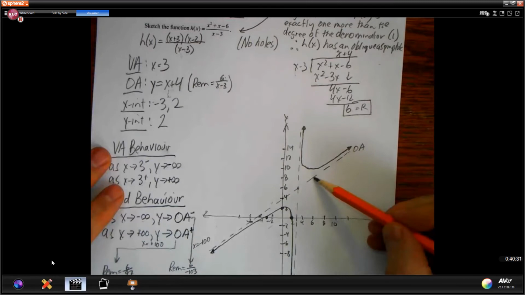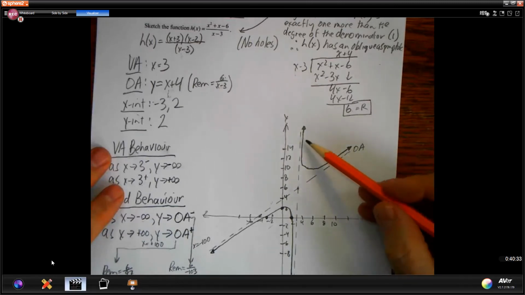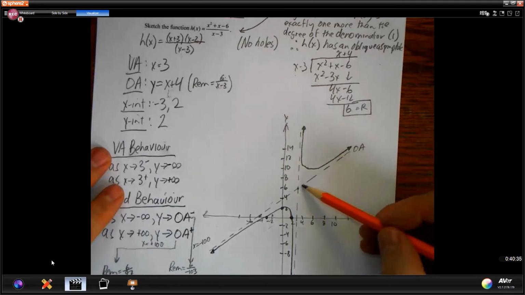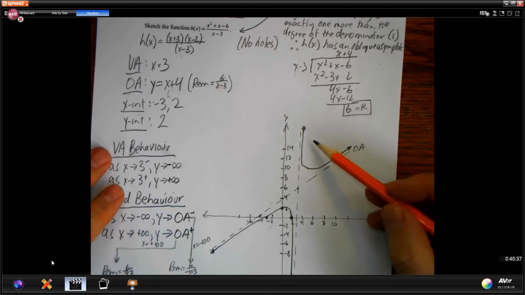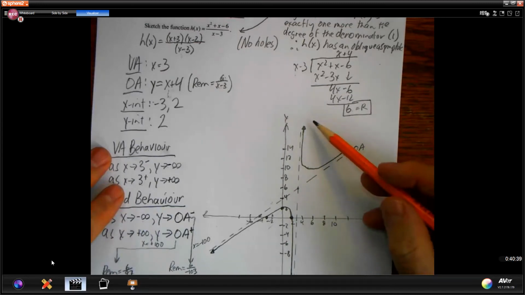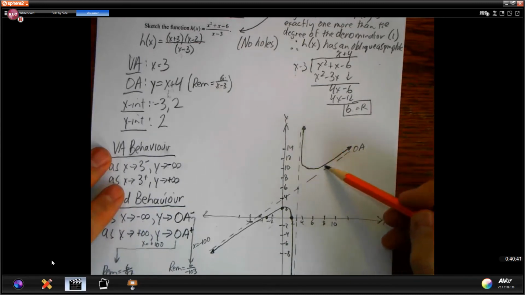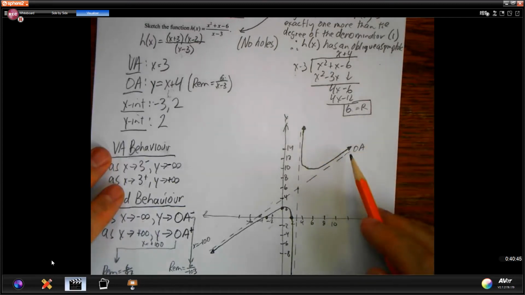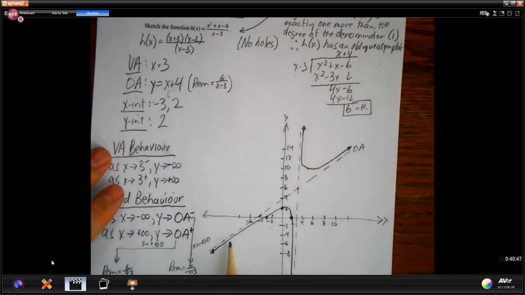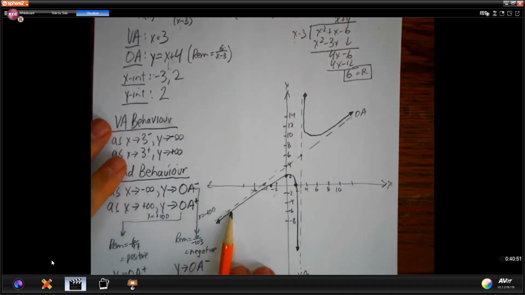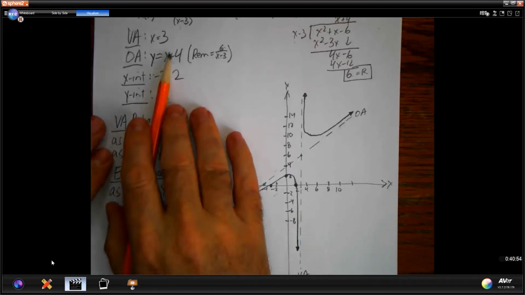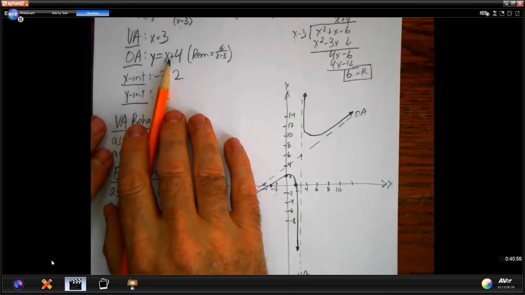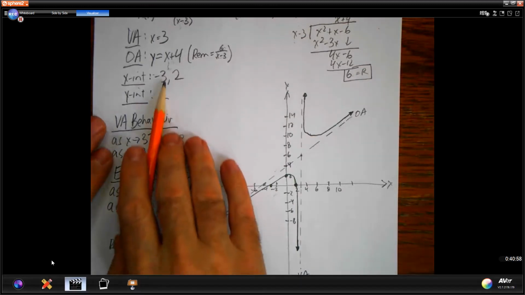So I know that if the oblique asymptote is at 14, but I just calculated my graph is at, say, 14.2, well, I know it's approaching from above. And I do the same thing for down here. Plug in a value, x equals -10. Put that into my oblique asymptote, so y equals, I don't know, -6.